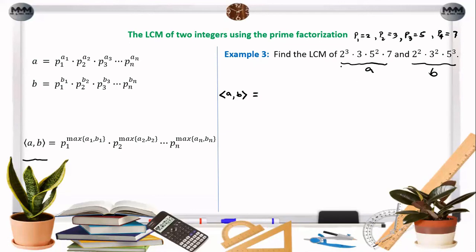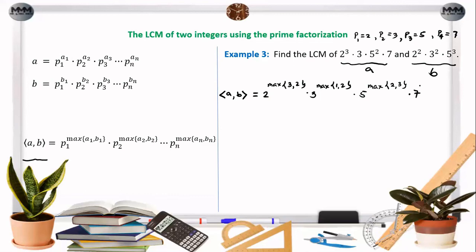So here, we are to look for the maximum. P1 is 2. We take the maximum exponent of 2. We have 3 and 2. So the maximum of 3 and 2, times another prime. We have 3 raised to the maximum of the exponents of 3, which are 1 and 2, times 5 raised to the maximum of the exponents of 5, which are 2 and 3.